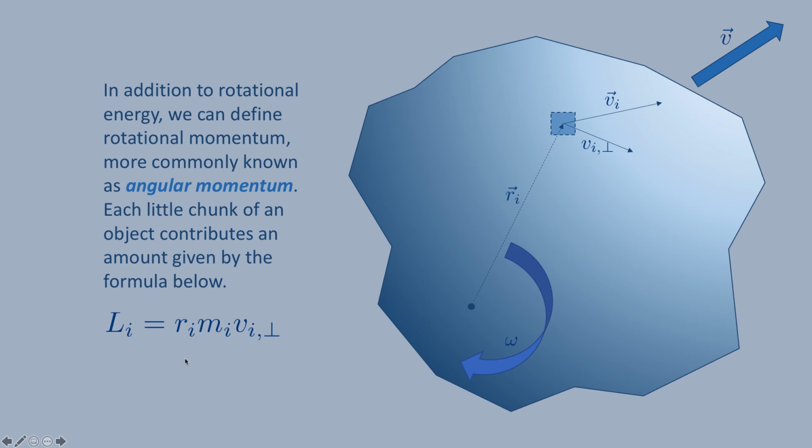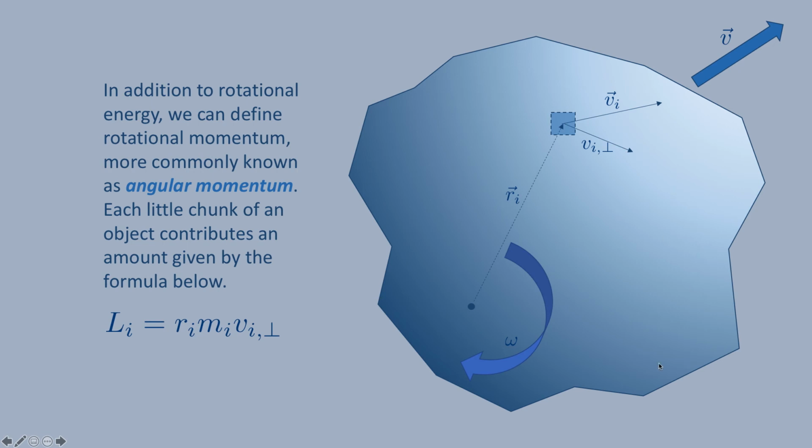So this formula right here defines the angular momentum of this little chunk of mass. It's the radius times its mass times this component of the velocity, the component that's perpendicular to the radius. In other words, the component that's tangent to the circle that it's moving on in its rotation.